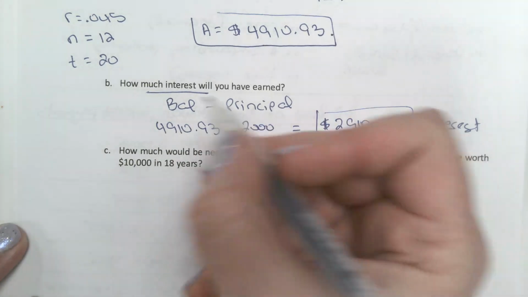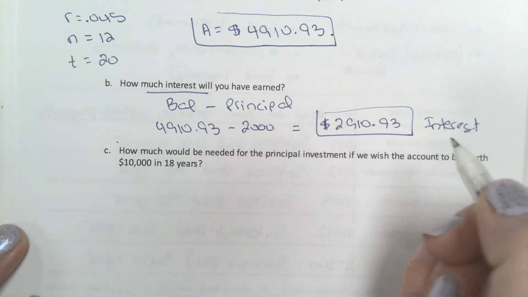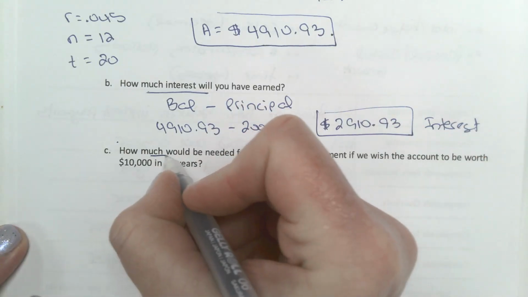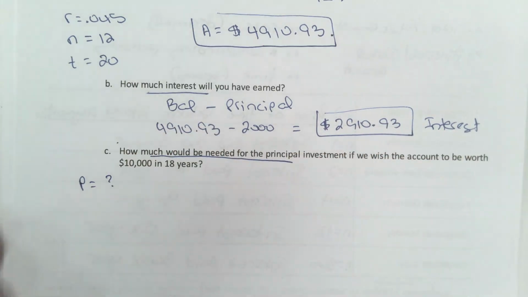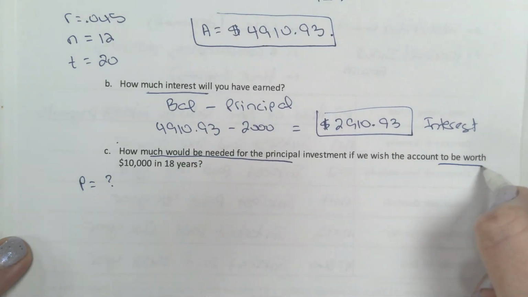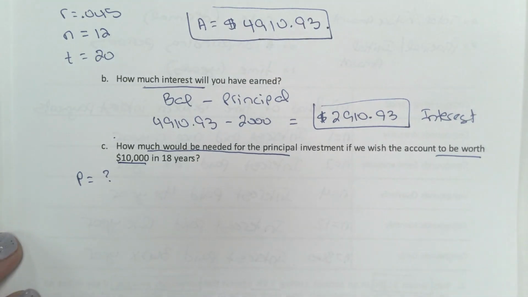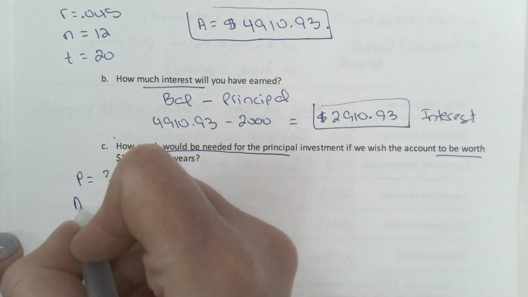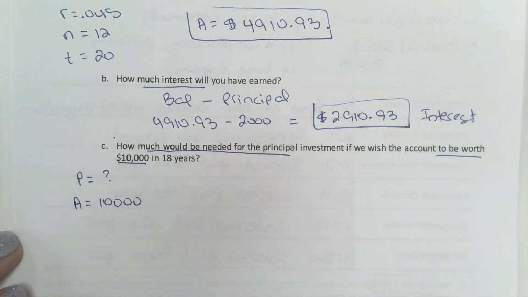C says, how much would be needed for the principal investment? In this case, the principal is my unknown amount. I want my account to be worth $10,000, so that is indicating a future amount, and that variable is A. So now I need A to be 10,000 in this scenario.